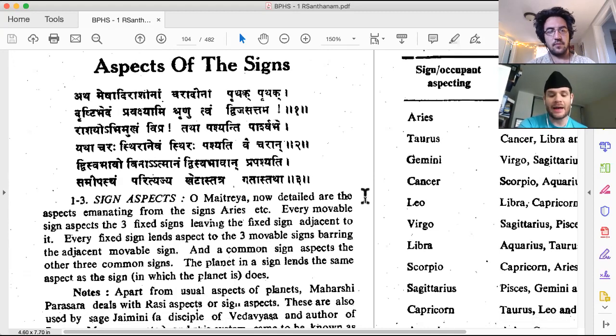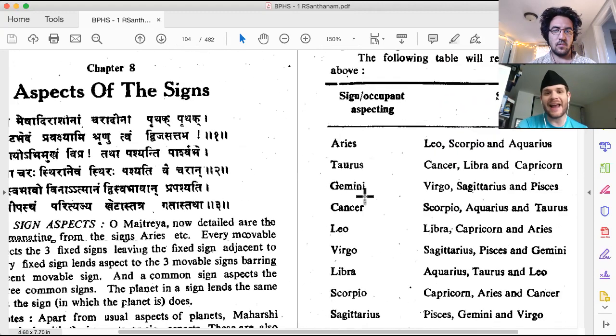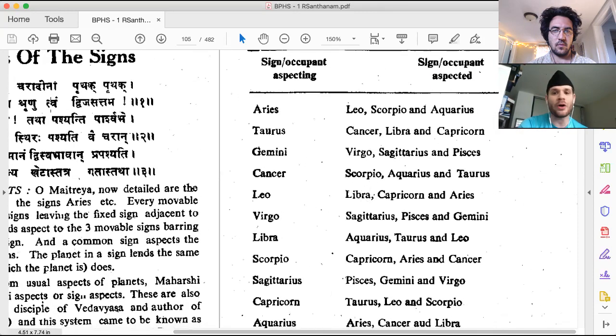Yeah, and it's very interesting because in a lot of schools of astrology in India, sign aspects are not emphasized as much as planetary aspects. Right. But in Parashara, sign aspects are mentioned first, before planetary aspects. So that's a very interesting thing.